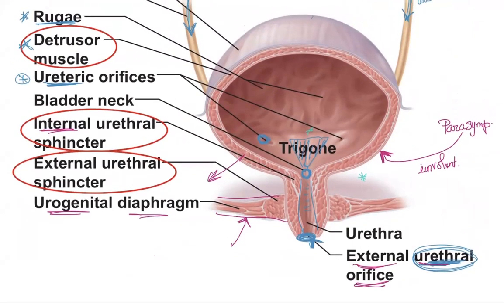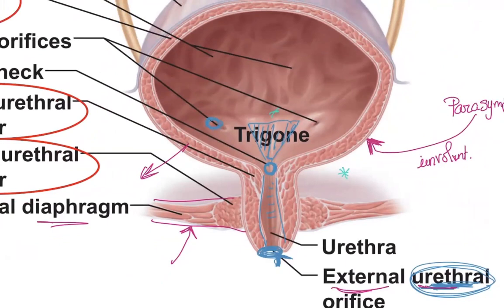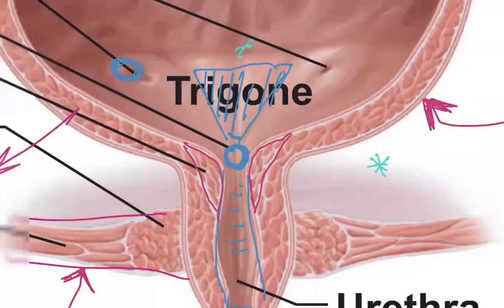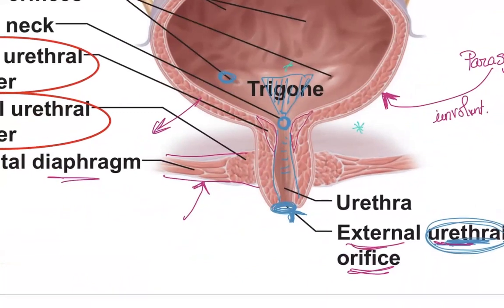We can see two distinctive muscles. I can see muscle on here around the bladder neck. See this line that demarcates the muscle. This is my internal urethral sphincter.